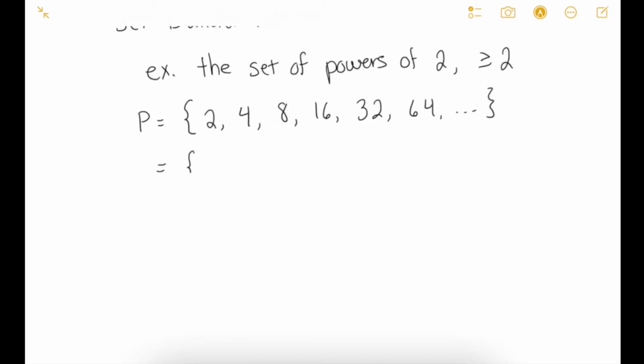Another way we can write this is as the set of all x such that x equals 2 to some exponent, where that exponent is bigger than or equal to 1. We're saying that the set contains all values x, where x is a power of 2, and the exponent on that power of 2 is at least 1.